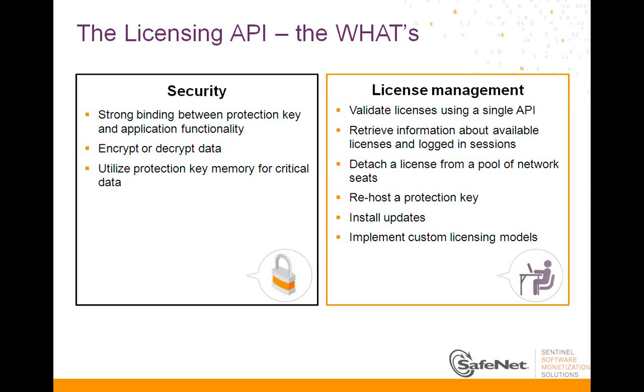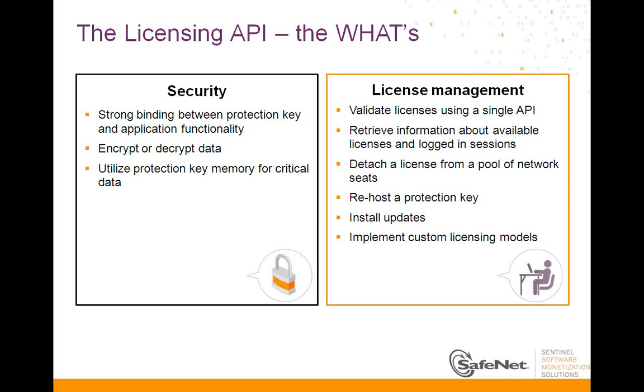This is achieved through both encrypting and decrypting data and by protecting critical data on the key's memory. You can always store it inside the key. Additionally, this API allows managing various license-related functions. Using the login call, the application can request a license and have the runtime and the protection key validate all license terms automatically.